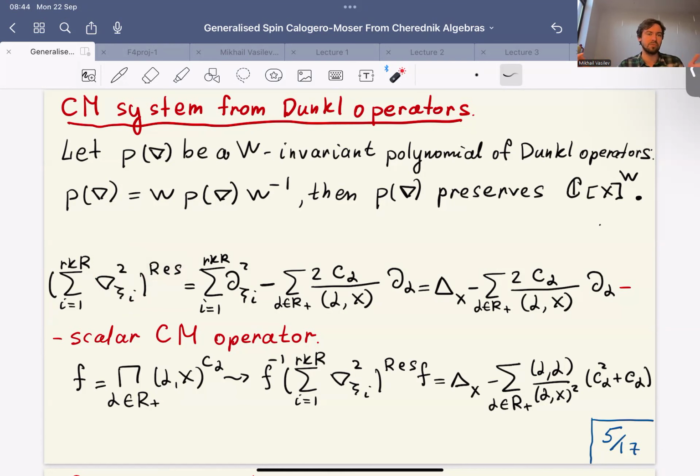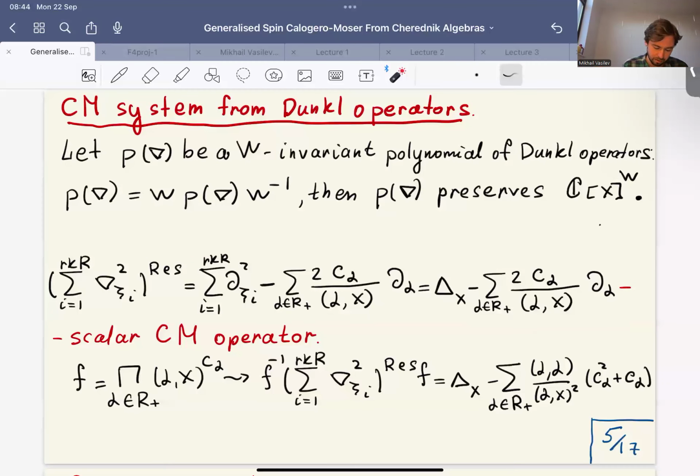This will be a second order differential operator, including the s alphas which permute the variables X. But if we restrict to the action on symmetric polynomials, then these permutations will vanish and we'll get an operator of the following type, where this is just a Laplace operator, and this is a term of this form.